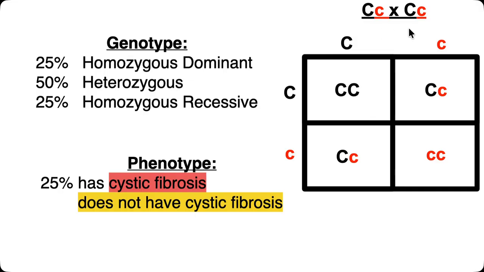You might not even know that you have the cystic fibrosis allele at all. And there's a 75% chance that your child does not have cystic fibrosis. So if we're coloring them in, these three would be not having cystic fibrosis, and this child would have cystic fibrosis.